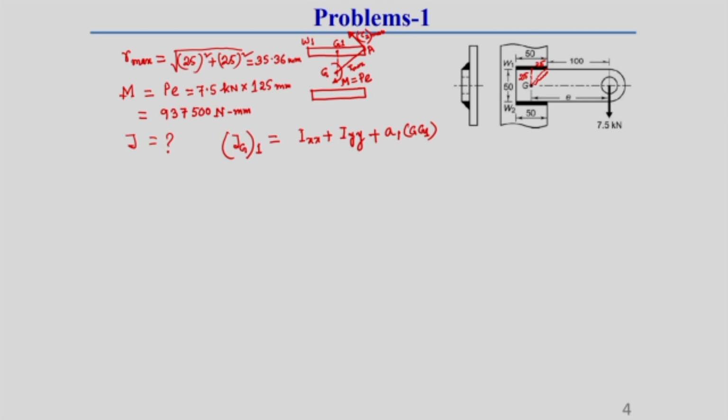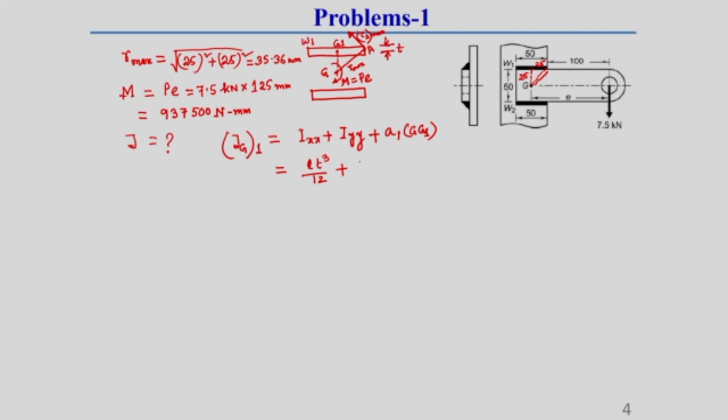Ixx is, as I have shown last class, L TQ by 12, plus, because this Jg we are finding out the cross sectional area in throat region.